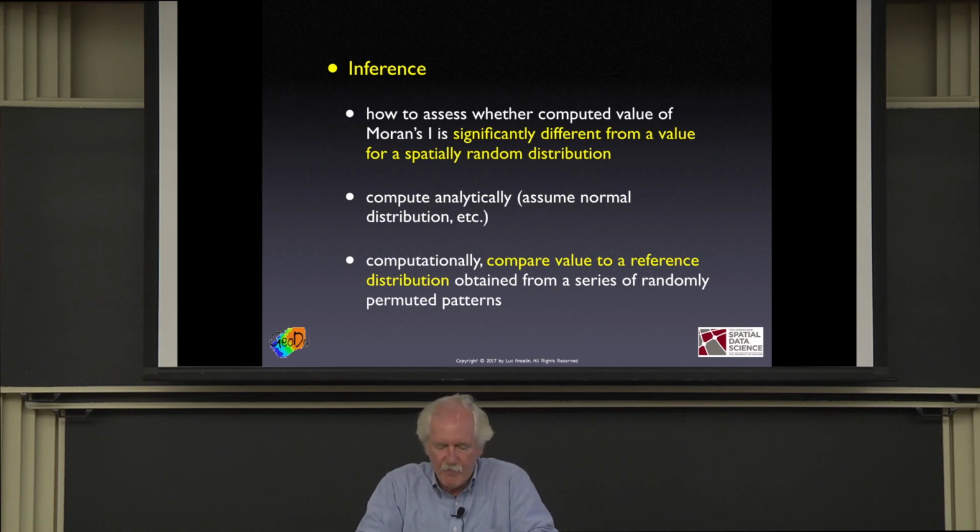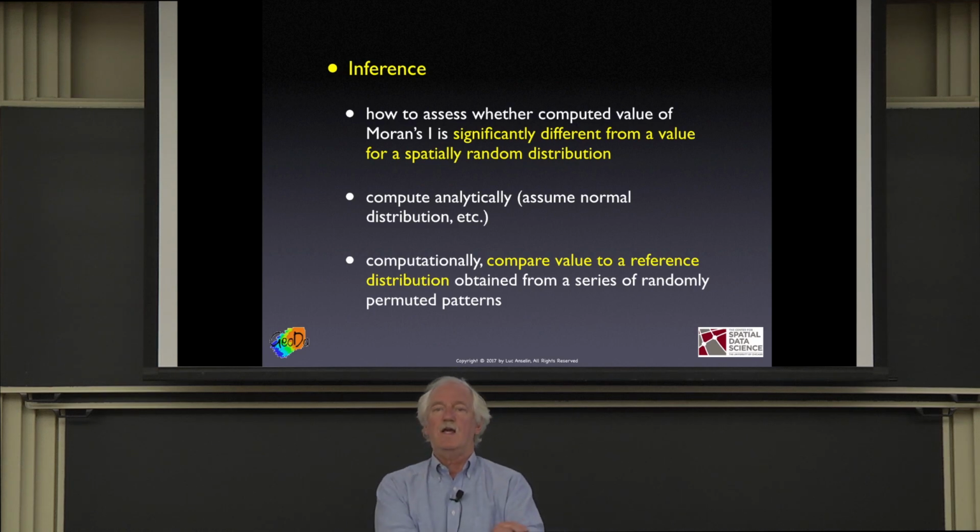In any case, the practical implementation of these distributions ends up all being approximations. So there are two basic approximations. One is assuming normality. The other one is assuming equal probability, so every observation is equally likely to be at any location, which is called the randomization assumption.